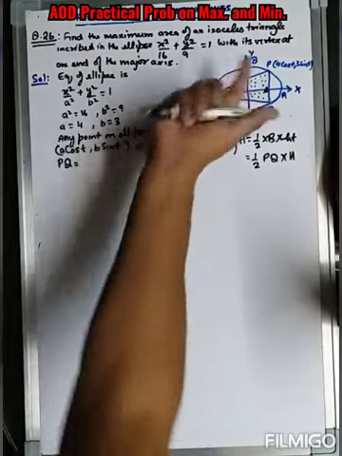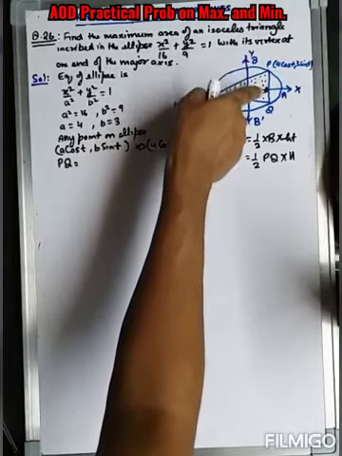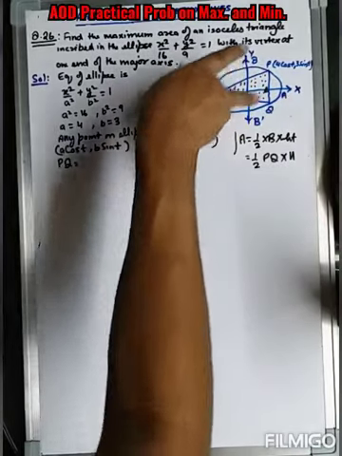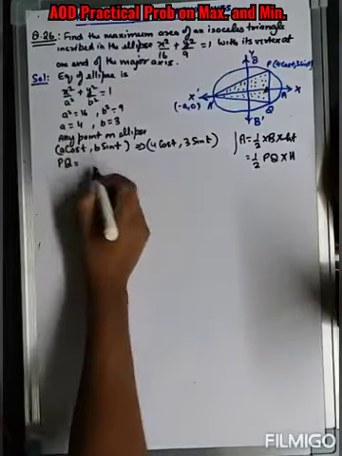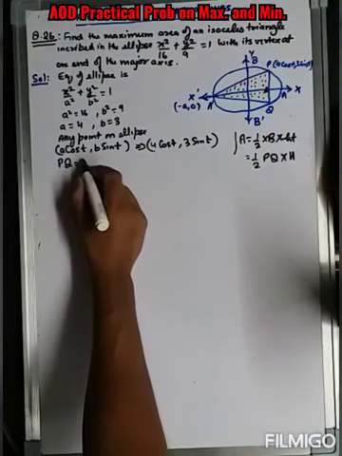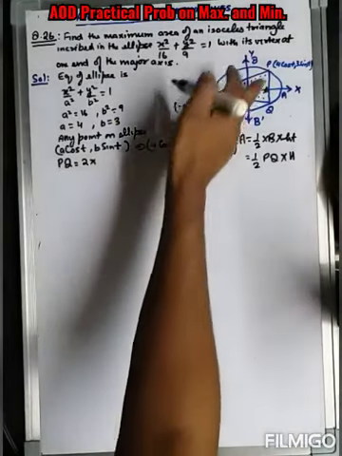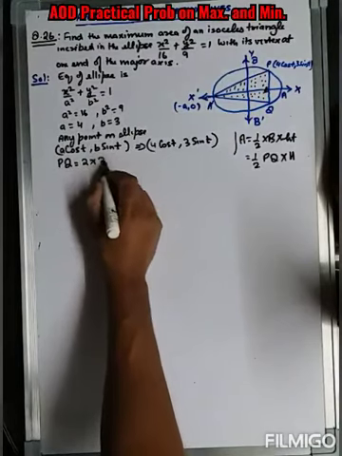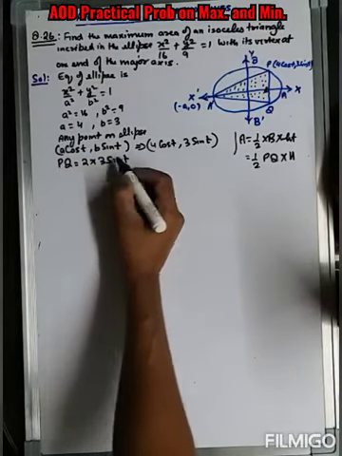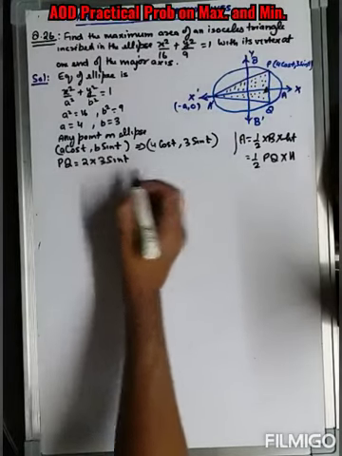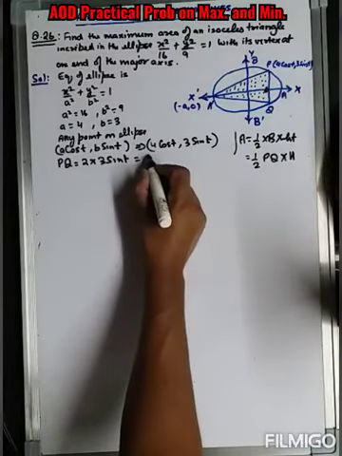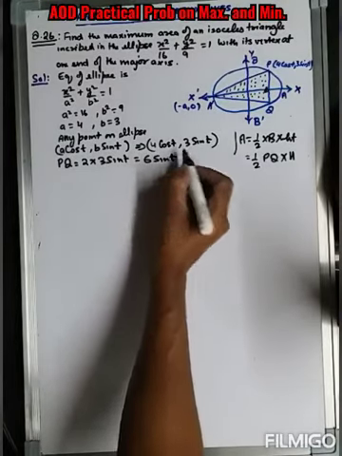So this much is y, this much is y. If we multiply it by 2, we get this whole value. So PQ equals twice 3 sin t, so this becomes 6 sin t.